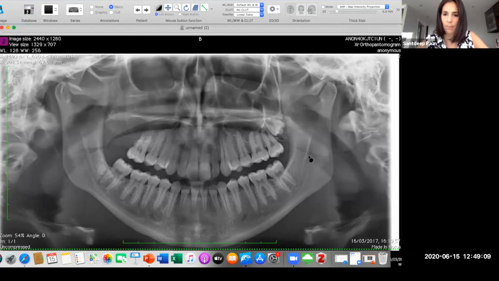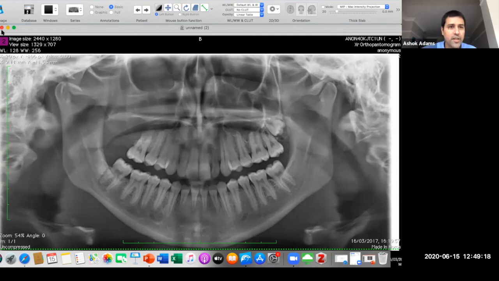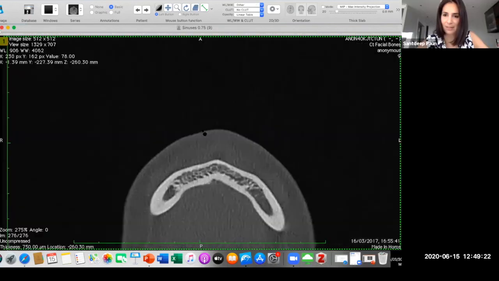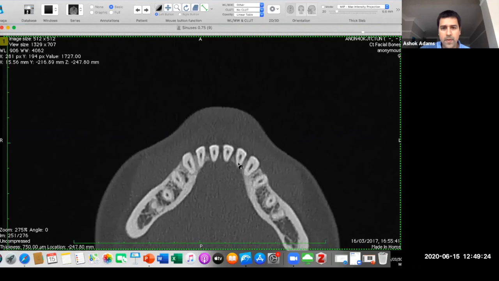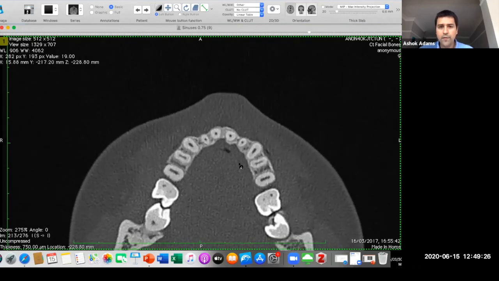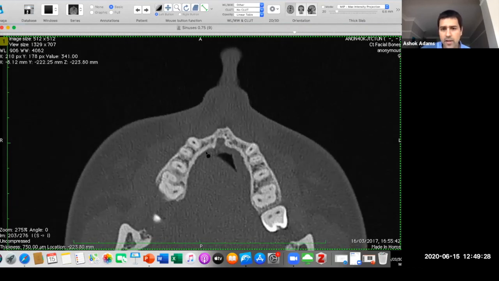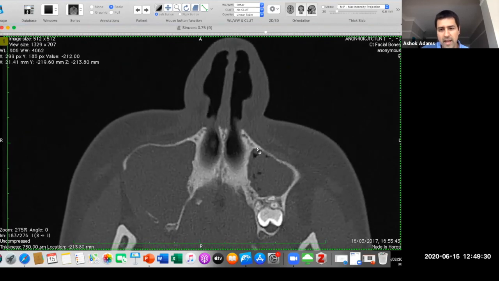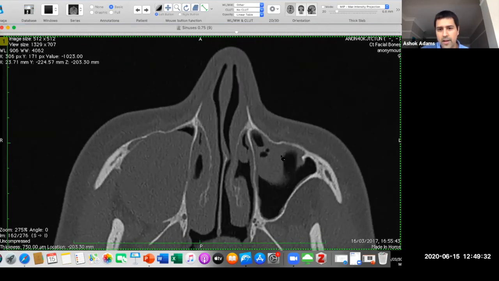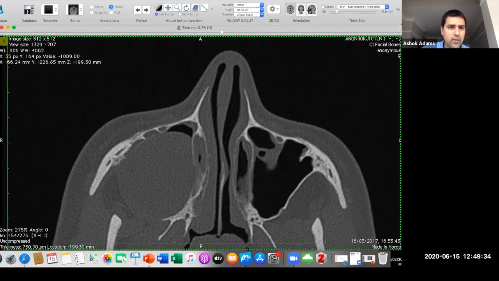Great. Can you show any scans demonstrating the nasolacrimal duct? Well, someone's just asked for the anatomy. Typically we've seen a few infections. I don't think I've got any available to hand, but I'll show you the two views.